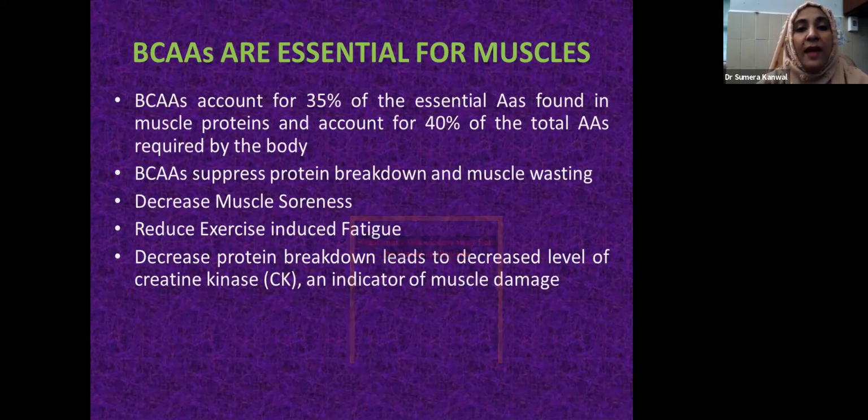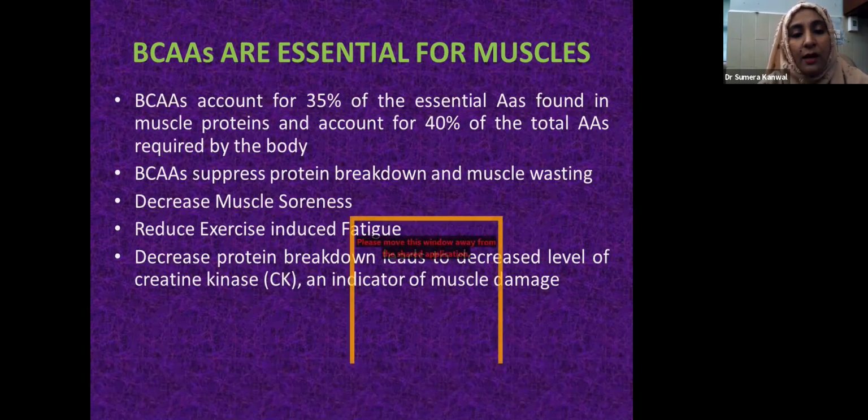After heavy exercise, the protein breakdown is increased and your muscles may move towards damage or wasting. The muscle damage or muscle wasting is usually characterized by an increased level of the enzyme creatine kinase. This creatine kinase is active in heavily exercising muscles.